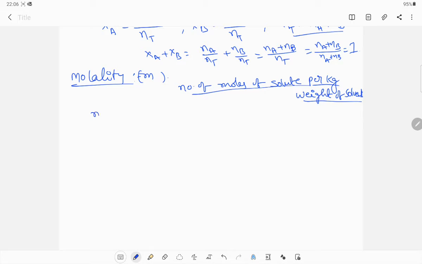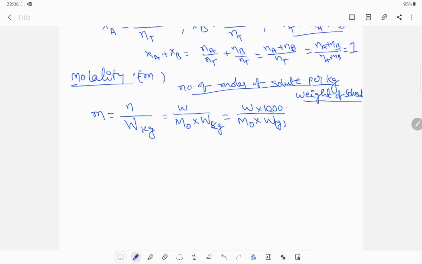Now mathematical expression: small m equals number of moles of solute divided by weight of solvent in kg. Now number of moles, already you know that, W by M naught into weight of solvent in kg. Now weight by molecular weight into weight in gram into 1000 in numerator. So this is molality expression.